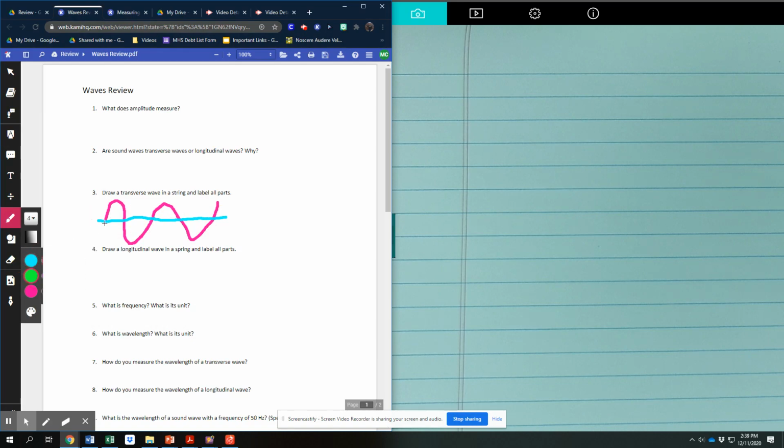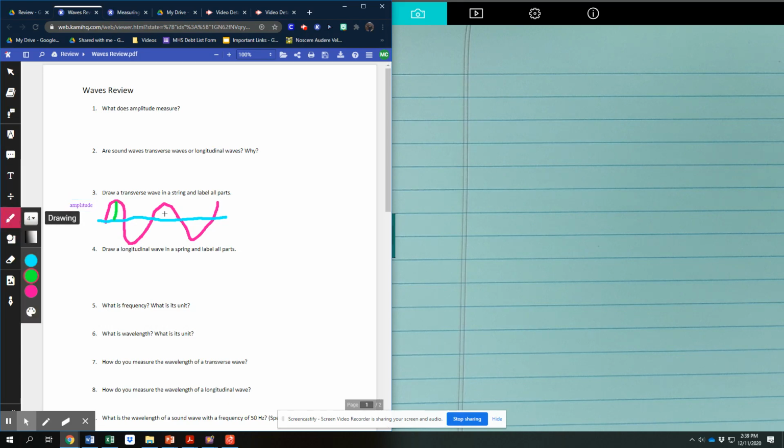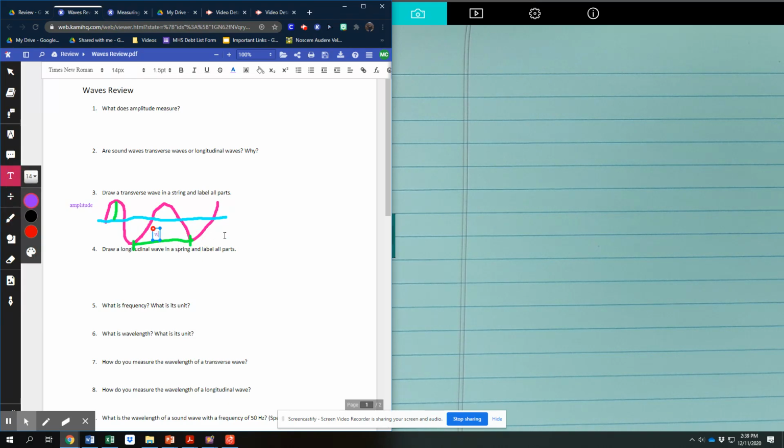So we're going to say this is the amplitude. And we're going to say from here to here, that's the wavelength.